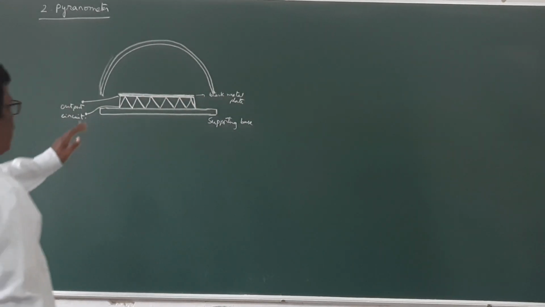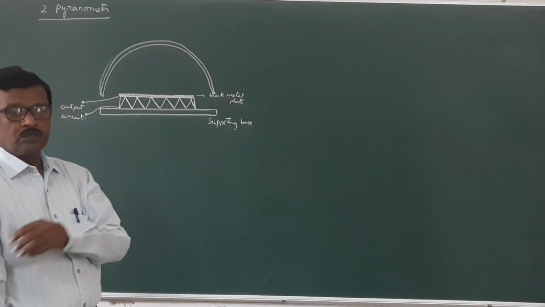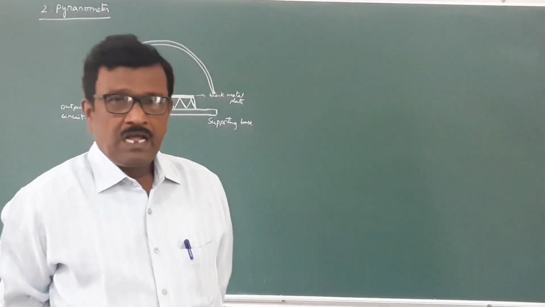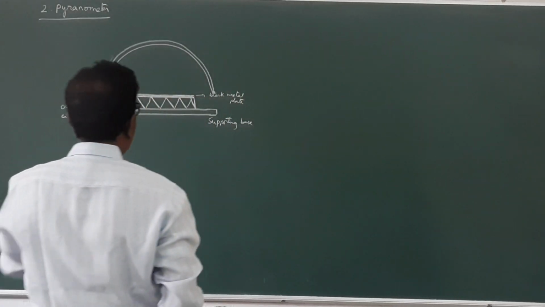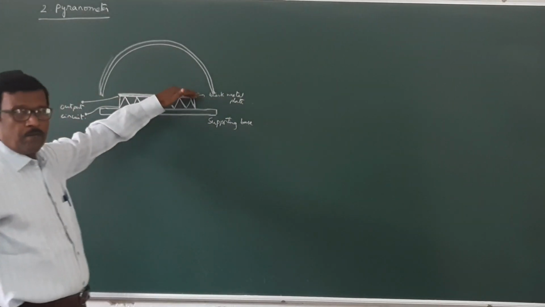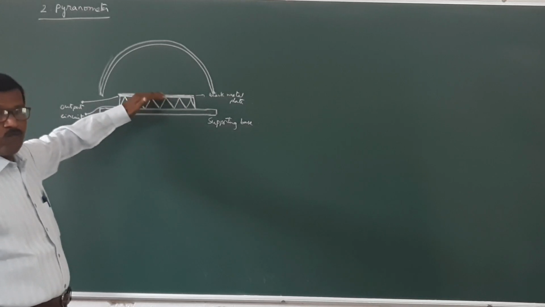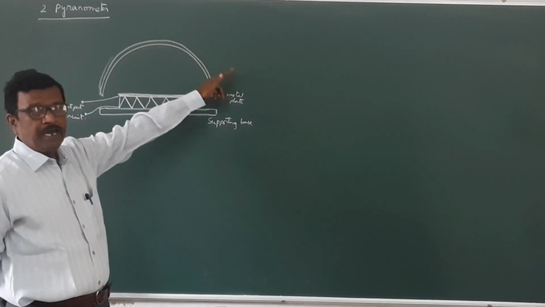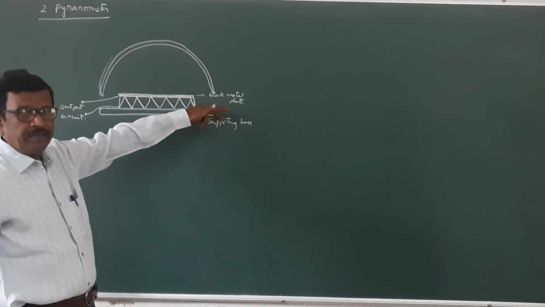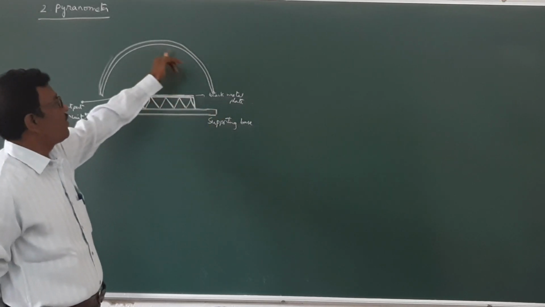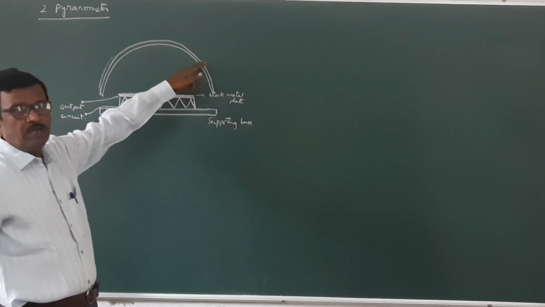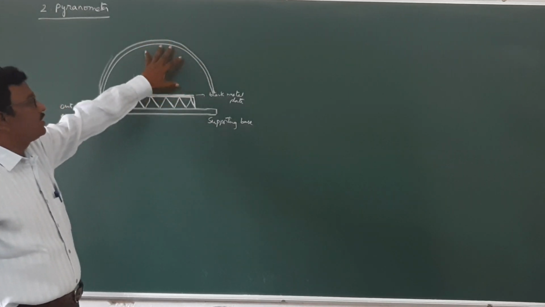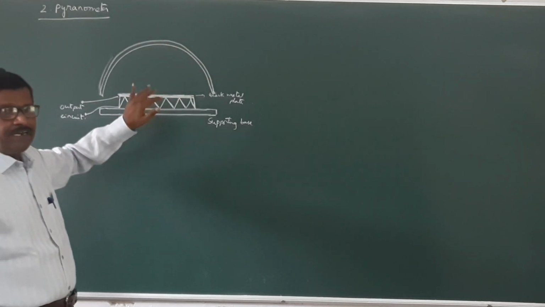This pyranometer is used to measure the intensity of solar radiation absorbed by a given metal surface from a hemispherical area, which is in the form of a dome. The solar radiation will be incident on this dome, and this will focus the light rays.